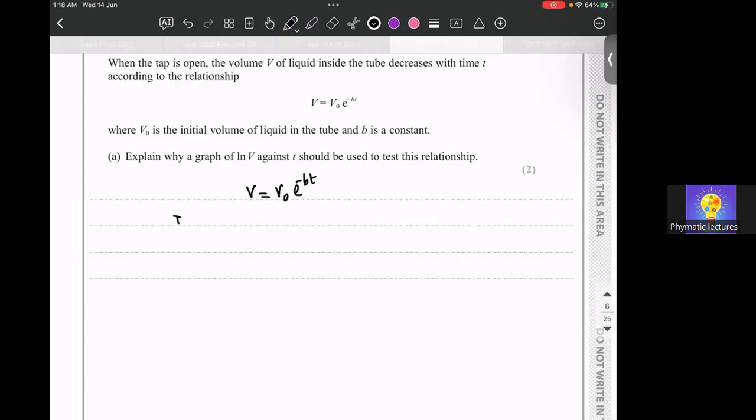Now take log, or ln, on both sides. So ln V = ln V0 - Bt ln e. So the equation now becomes ln V = ln V0 - Bt.